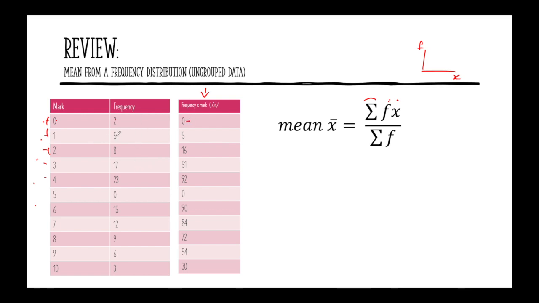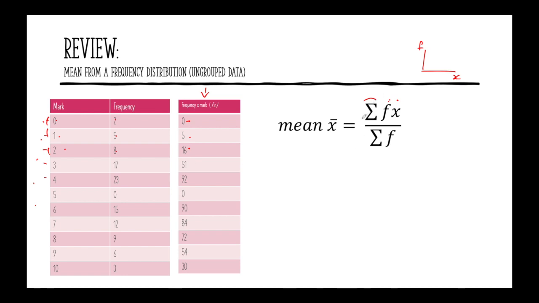This frequency 5 times the mark 1 gives me 5. Now, if we remember, in our stats 2 and 3 videos, we went over this process in detail, and this is just a quick review. So once we multiply each one of these frequencies by the mark, 8 times 2 is 16.